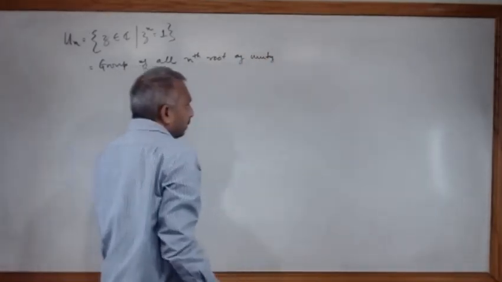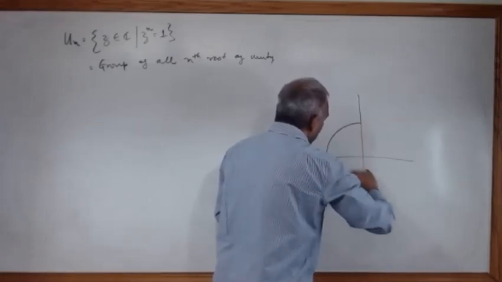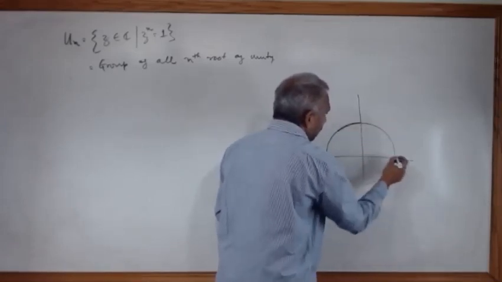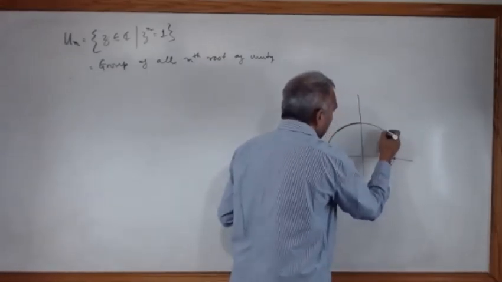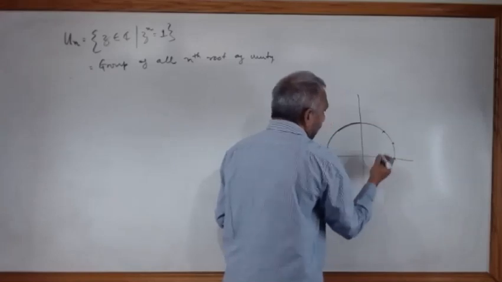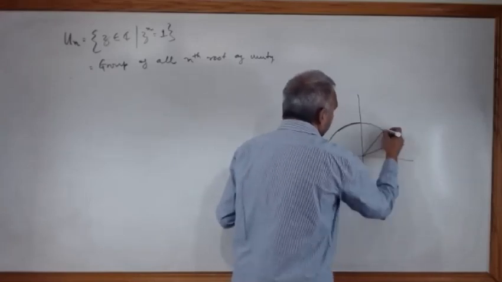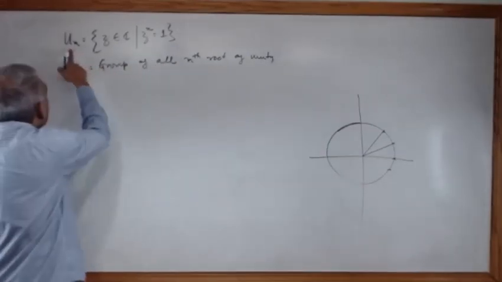In other words, in a plane, they are the points on a unit circle. There are n points here. So these are the points in Un.